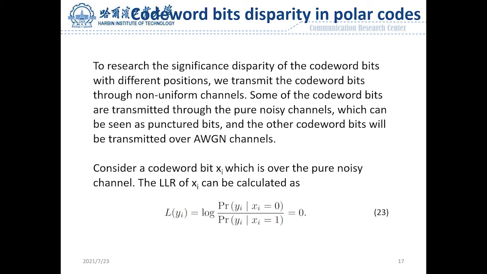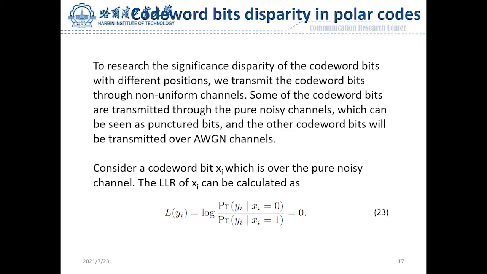To research the significance disparity of codeword bits at different positions, we transmit the codeword bits through non-uniform channels. Some of the codeword bits are transmitted through pure noisy channels, which can be seen as punctured bits, and the other codeword bits will be transmitted over the AWGN channels. Consider a codeword bit x_i, which is over the pure noisy channel.